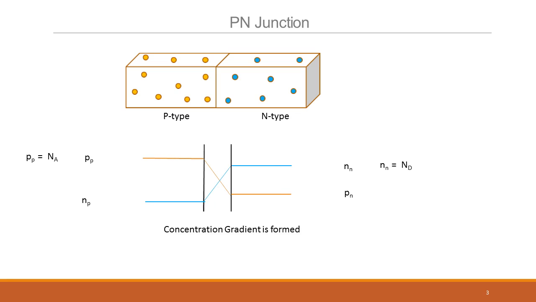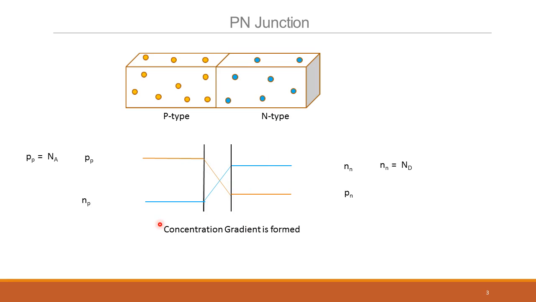So when a concentration gradient is formed, some electrons from here will flow to the other side, and some holes will go to the other side. So you will get a concentration gradient across distance like this. Far away nothing will happen, but closer to the junction, you will see the holes starting to reduce and go to the other side till it becomes the same as in the bulk of the n-type.